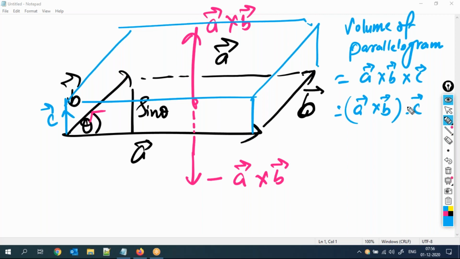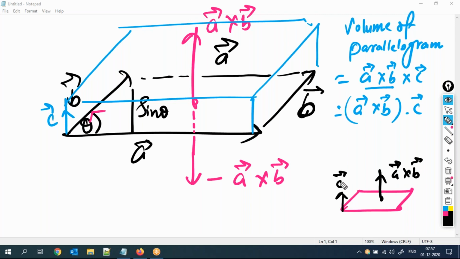So let us analyze. A cross B is in which direction? So we have A, B. A cross B is in this direction and C is in this direction. Are both in the same direction or different direction? Same. So that means multiplication of this and this will be sine 0, or cos 0.